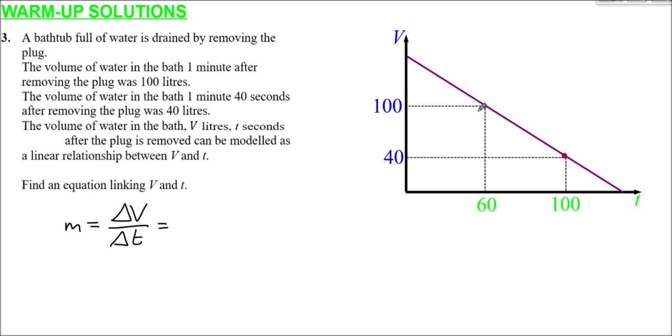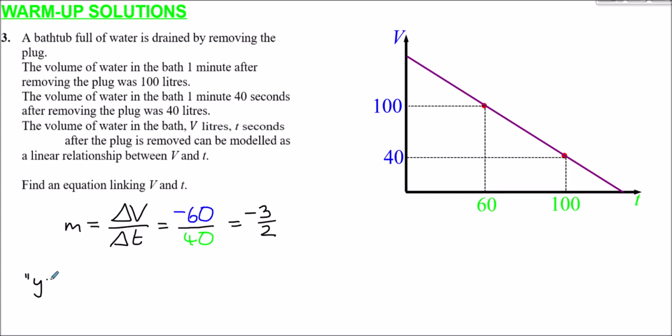So the volume goes from being 100 down to 40. So the volume's gone down by 60. Whereas time has moved along from 60 seconds to 100 seconds. So time's gone on by 40 seconds. So simplify this or use your calculator. For gradient, minus 3 over 2.